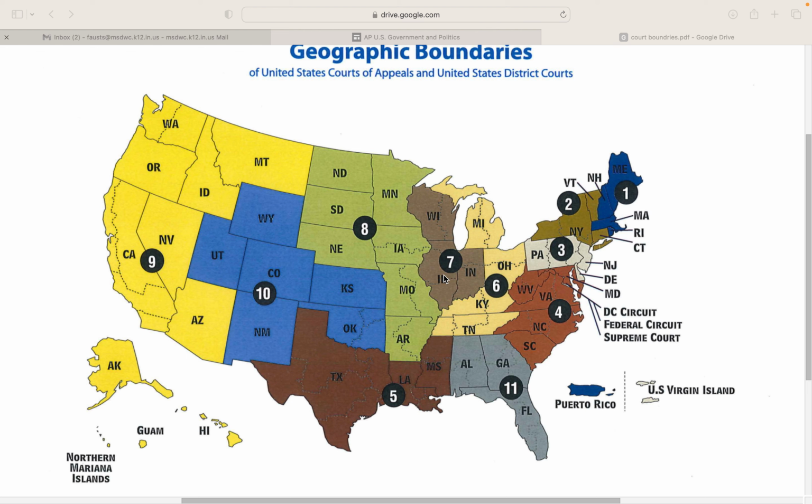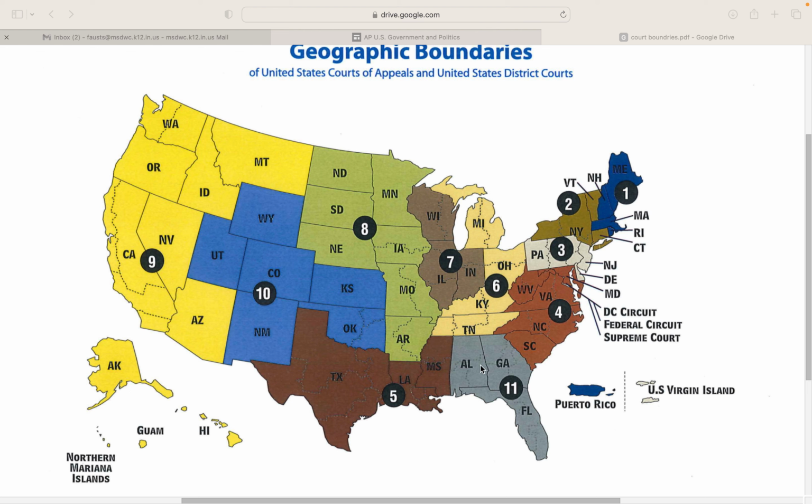One of the things that you need to know that's really important is you could have someone being charged in a district court that appeals to the 7th Circuit. You could have someone who's been charged with the same crime out west, and when they appeal, they go to the 9th Circuit. You can have somebody who's got a very similar, if not the exact same case down here in Florida, and they would appeal to the 11th Circuit.